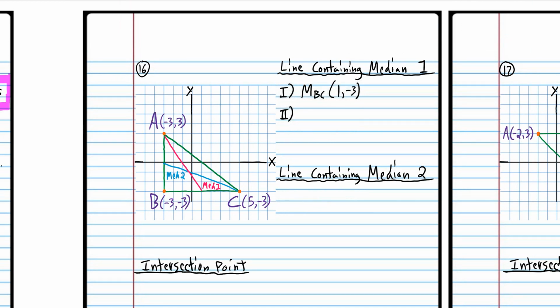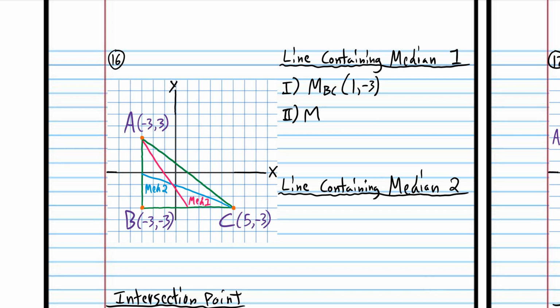Step number 2, we're going to find the slope containing the midpoint we just found, and A. Using A as point 2, we have 3 minus negative 3 over negative 3 minus 1. So that would be 6 over negative 4, which is negative 3/2.